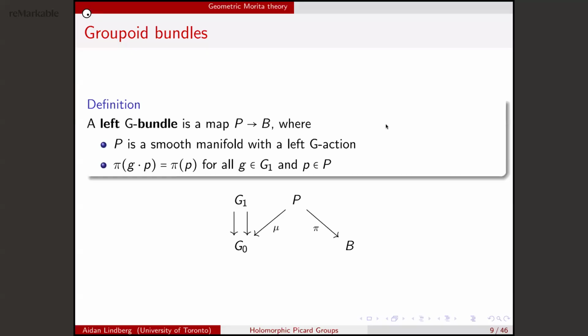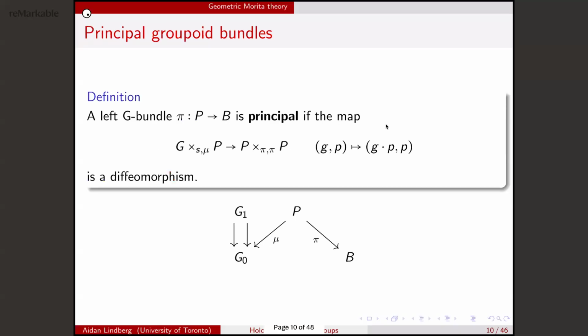And such a G bundle is going to be called principal if we have this condition here, which generalizes the principality condition for principal group bundles. So what this is saying is if I ever have a pair G and P where I can act on P by G, then I can get anything in P's fiber by acting on it with something in G.